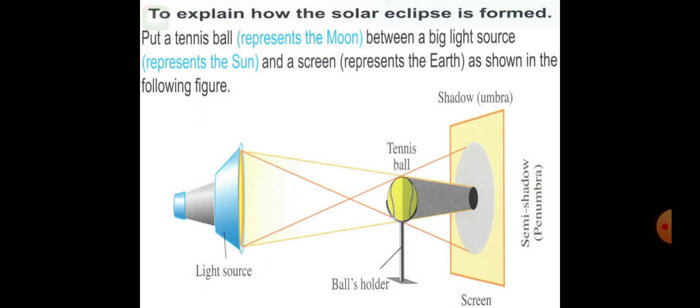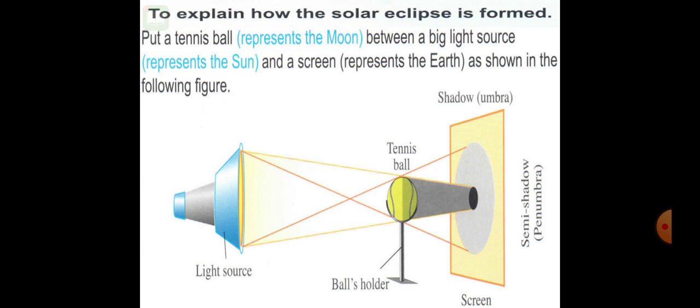The tennis ball is like the moon, the light source is like the sun, and the screen represents the Earth. The tennis ball, the light source, and the screen are in one straight line. What will happen? As you see, a shadow of the tennis ball is formed on the screen when the tennis ball blocks some of the light.